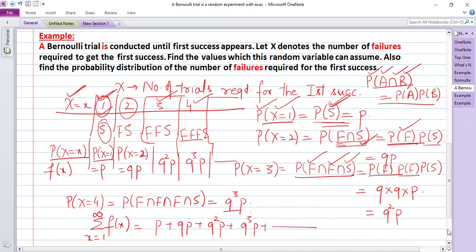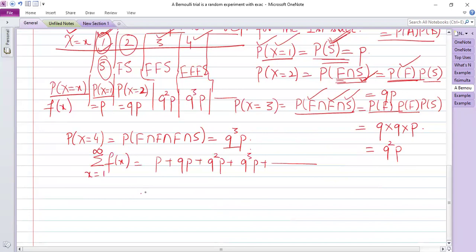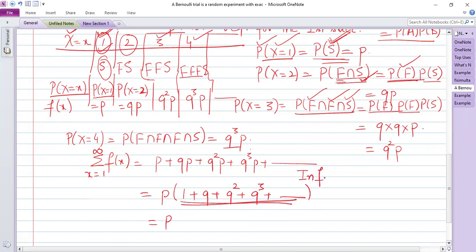Now here take p common. So p times 1 plus q plus q square plus q cube and going on. And look at this series now. This series is an infinite GP. So its sum will be A upon 1 minus R.